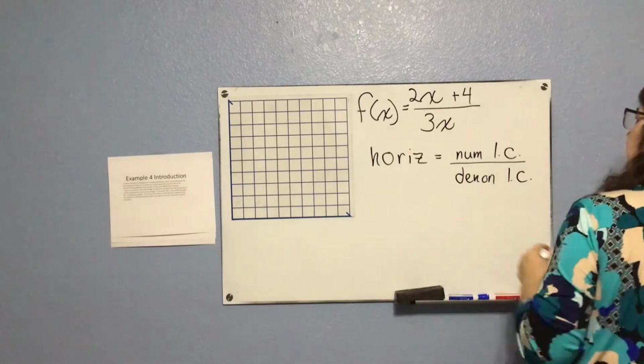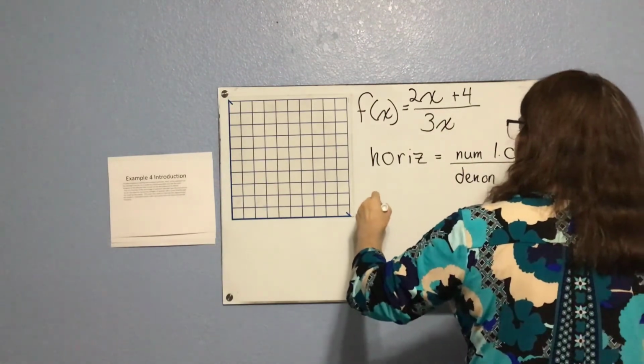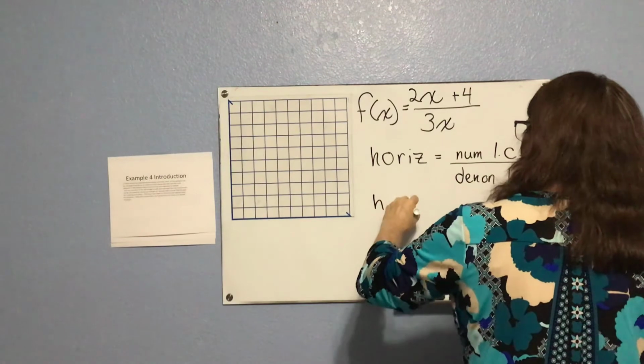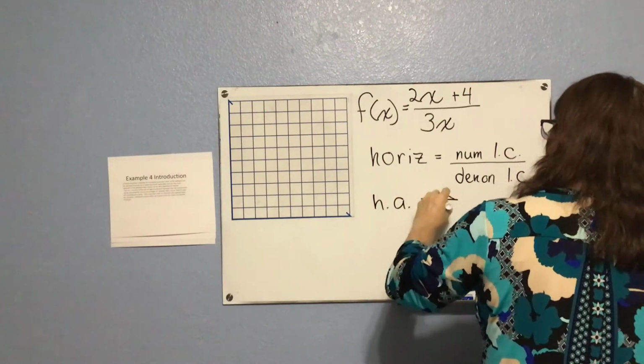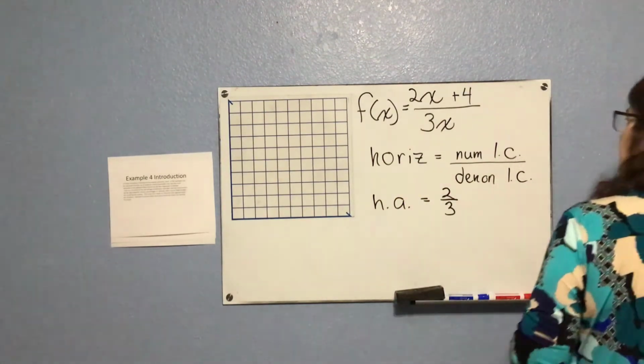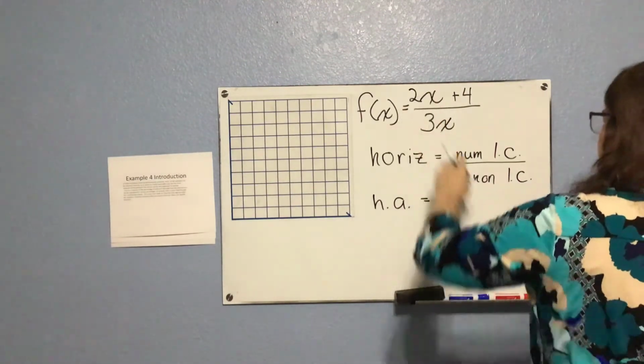So for this function, the horizontal asymptote is equal to 2/3. So I just take these two numbers.